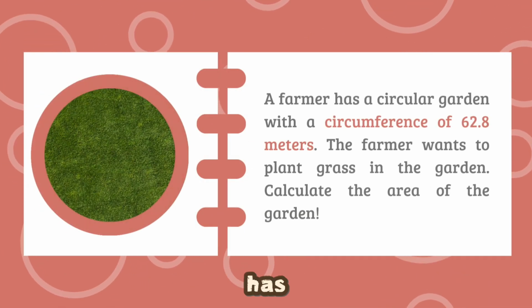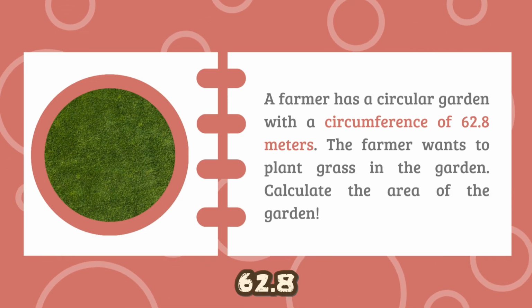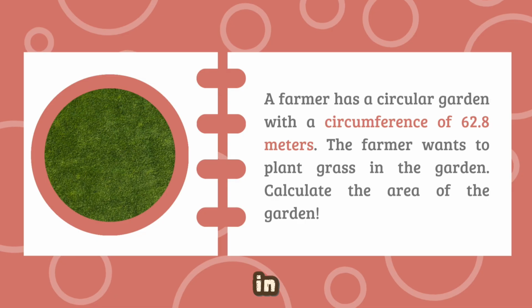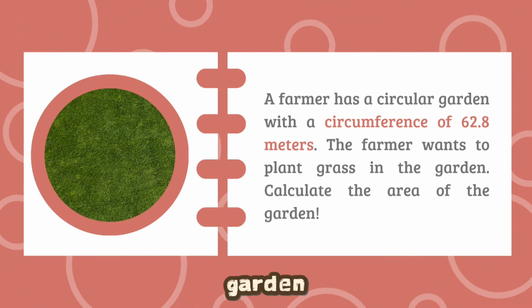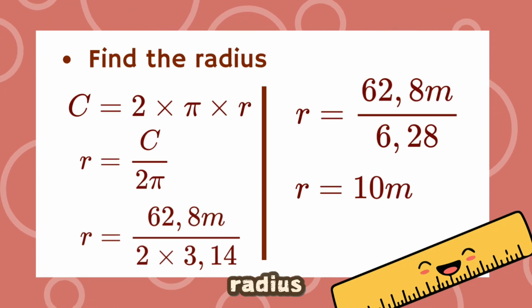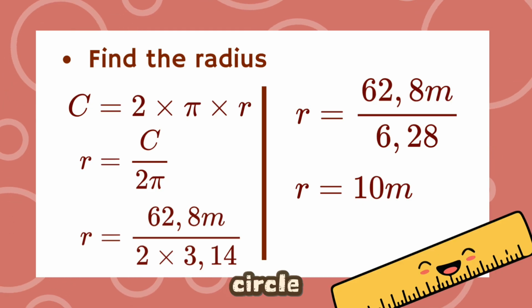Let's practice another problem. A farmer has a circular garden with a circumference of 62.8 meters. The farmer wants to plant grass in the garden. Calculate the area of the garden. To solve this problem, we are going to do it in 2 steps. The first step is to find the value of the radius using the formula for the circumference of a circle.